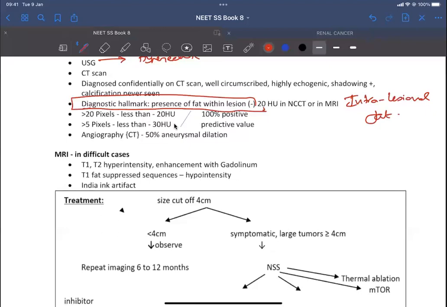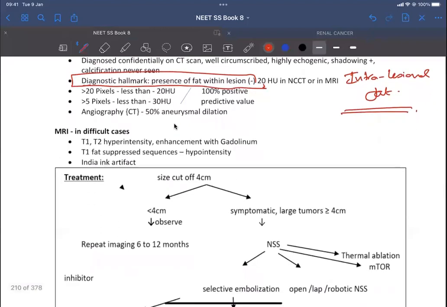Sometimes it's difficult because there are fat-poor AMLs and there are fat-rich renal cell carcinomas. So this is not absolute, but it is one of the predictors that you can use to accurately diagnose this.